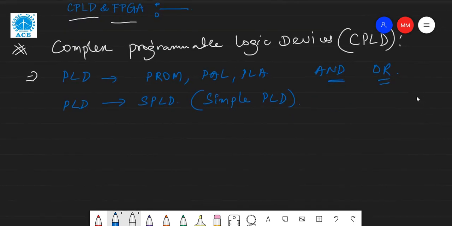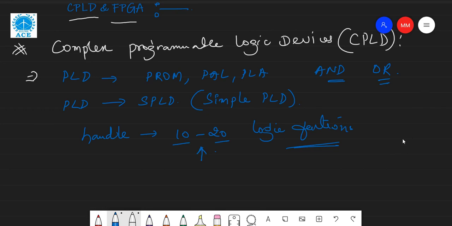Because these SPLDs handle or contain 10 to 20 logic functions or blocks, whatever you can call them. Suppose I have more than this many logic circuits or logic function blocks, then it becomes a complex circuit, right?